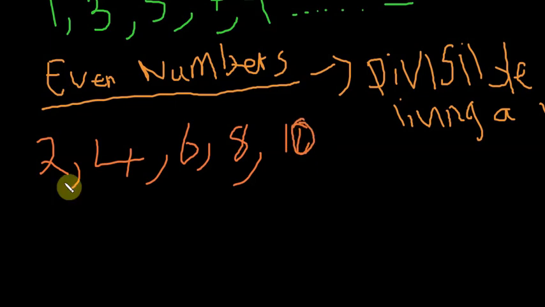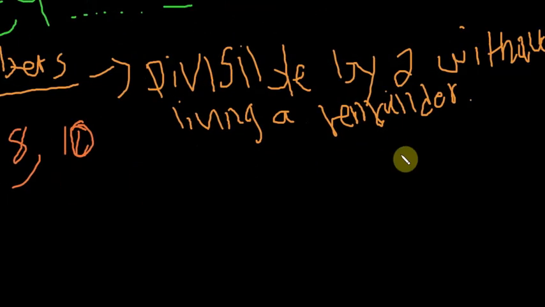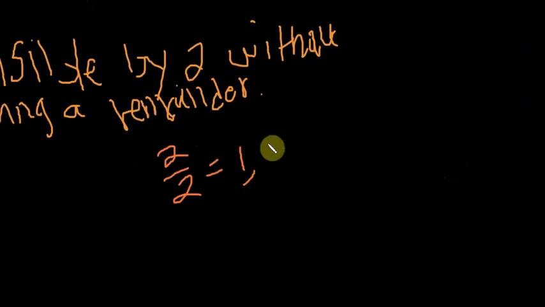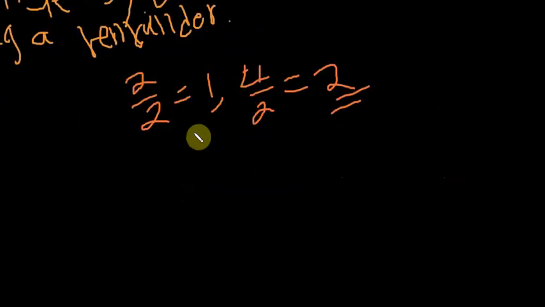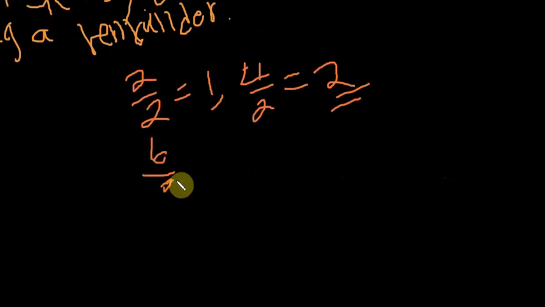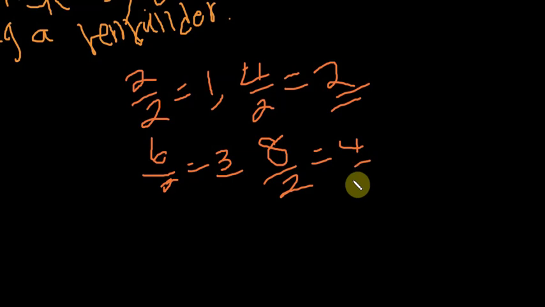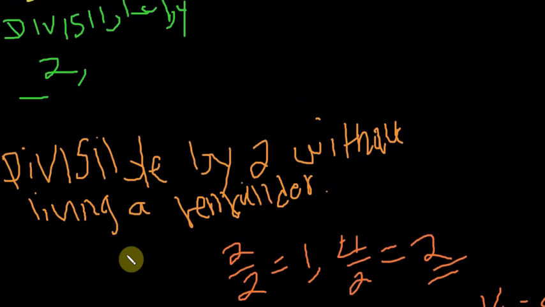Let me show you what I mean by divisible by 2. 2 divided by 2 gives you 1, a nice number without commas. 4 divided by 2 gives you 2. 6 divided by 2 gives you 3. 8 divided by 2 gives you 4. 10 divided by 2 gives us 5. Nice whole numbers, so you see, no remainders.